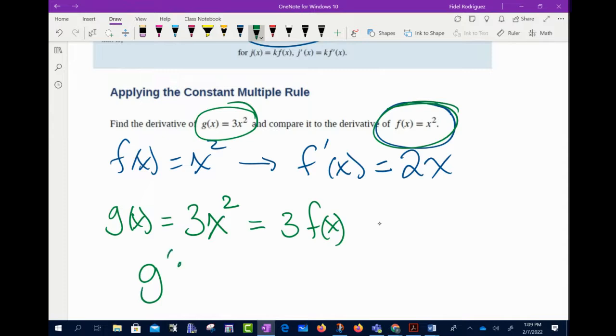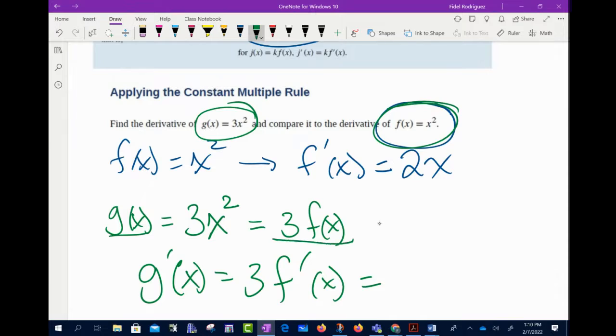So wouldn't g prime of x be equal to 3 times f prime of x? Because if g of x is equal to 3 times f of x, then g prime should be 3 times whatever the derivative of f of x was. What did we say the derivative of f of x was? It was 2x. So 3 times 2x is going to give me what? Boom. Okay.